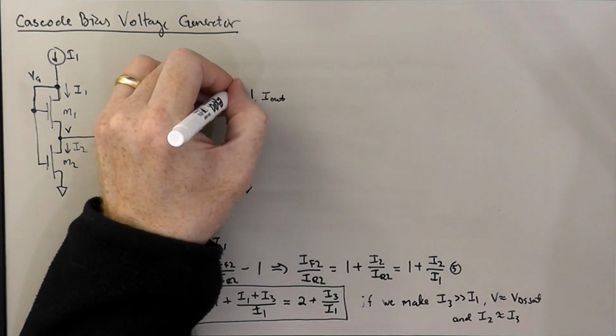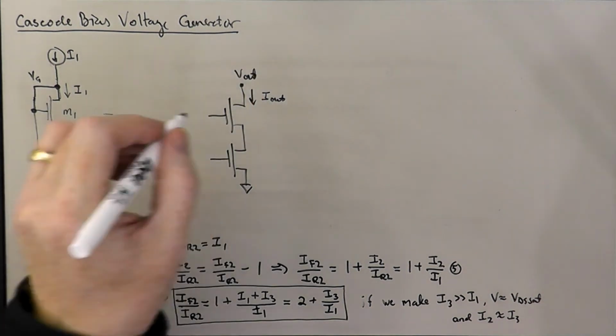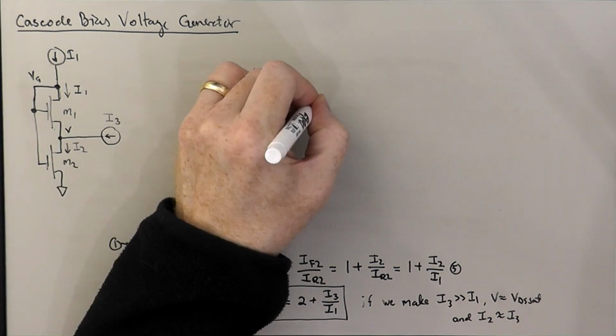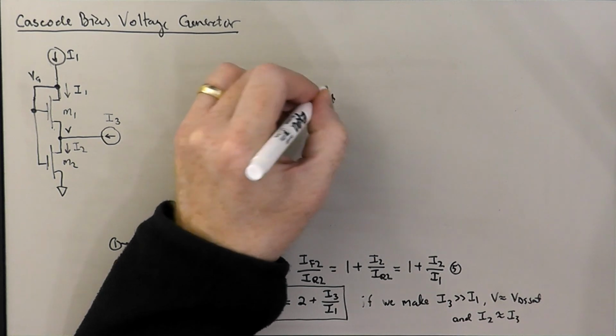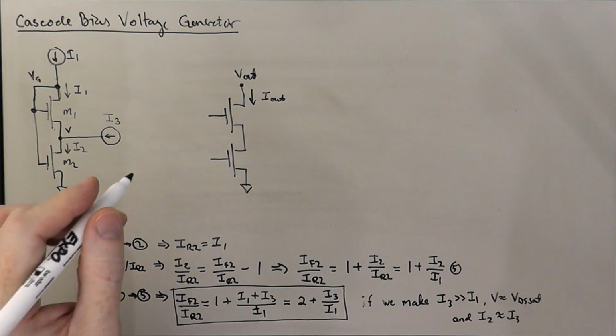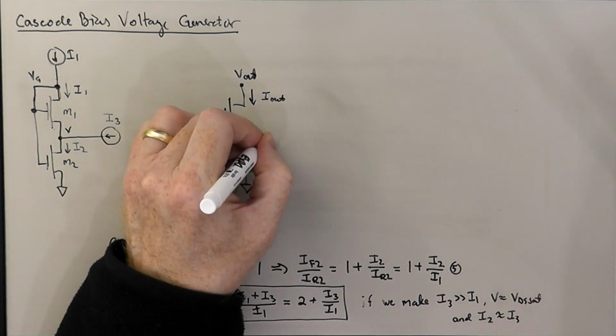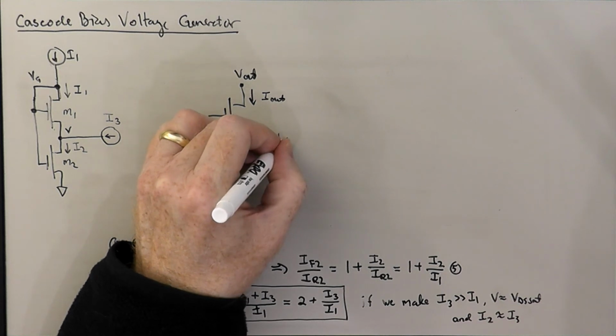This is V out. We would like this to be about VDS set.